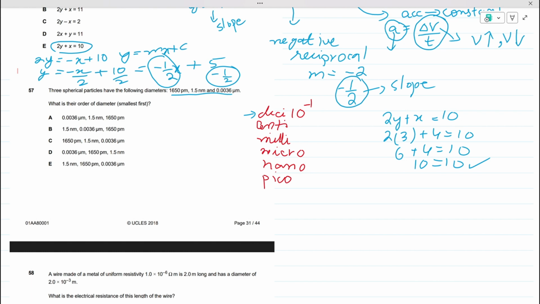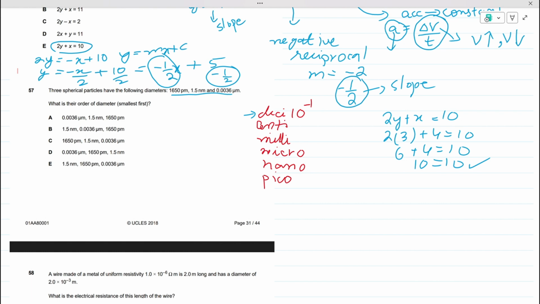These are some prefixes that you must learn in physics. These have negative powers, starting from deci, centi, milli, micro, nano, pico. There are also positive power values, for instance deca, hecta, kilo, mega, giga, tera, whatever.